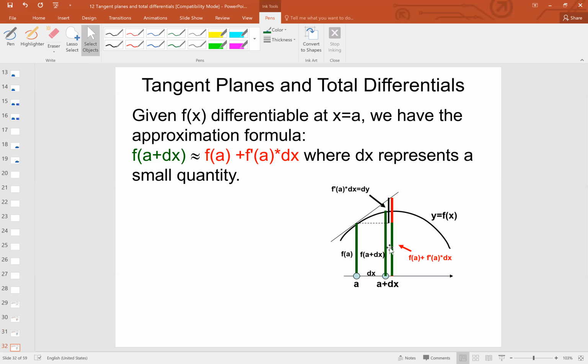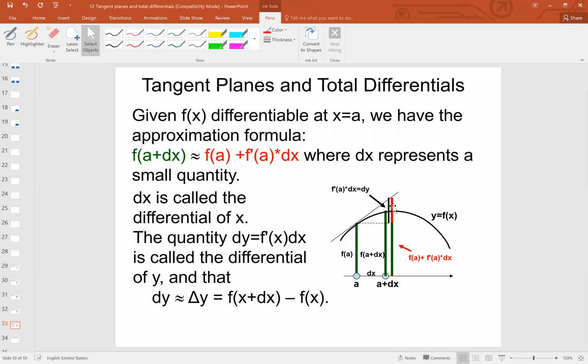So these are estimations. So in other words, it's easy for me to calculate that little red piece right here. And that is this formula for approximation on a line using tangent line.